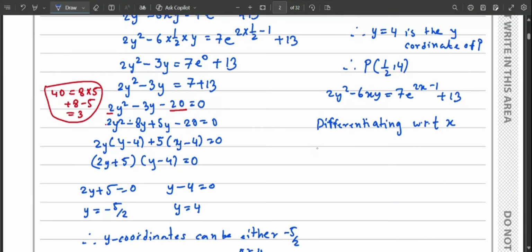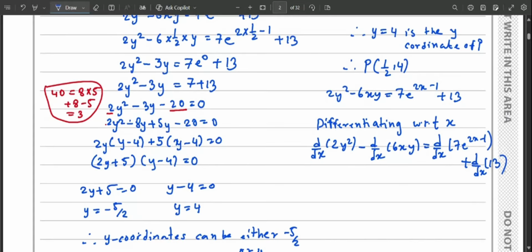What this will do is differentiate every single term of our equation. So d dx of 2y square minus d dx of 6xy equals d dx of 7 e to the power of 2x minus 1 plus d dx of 13.